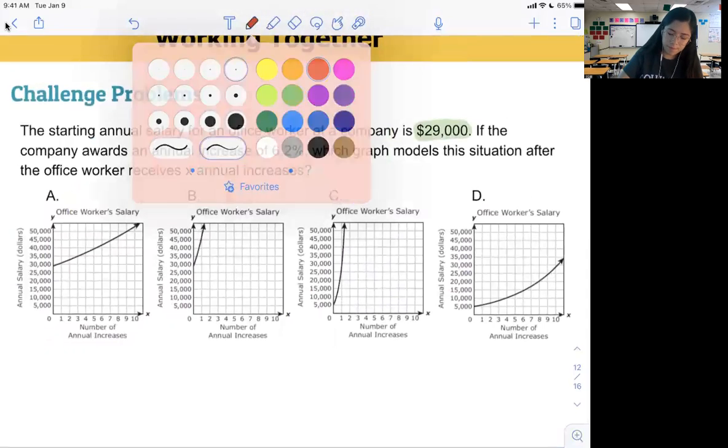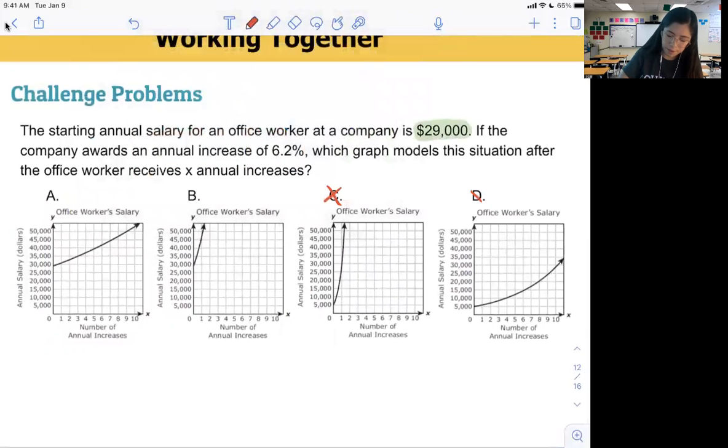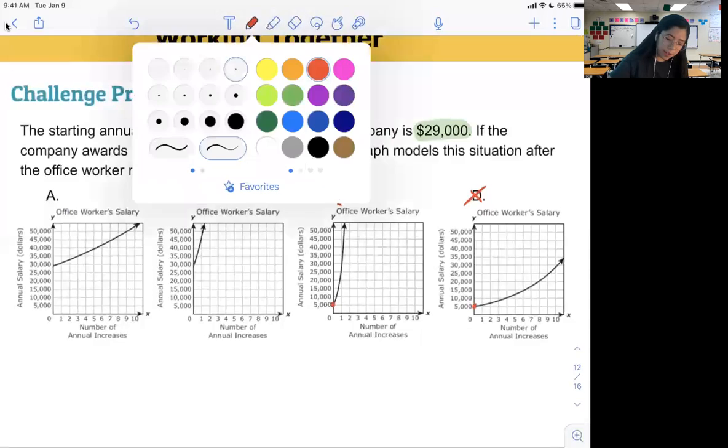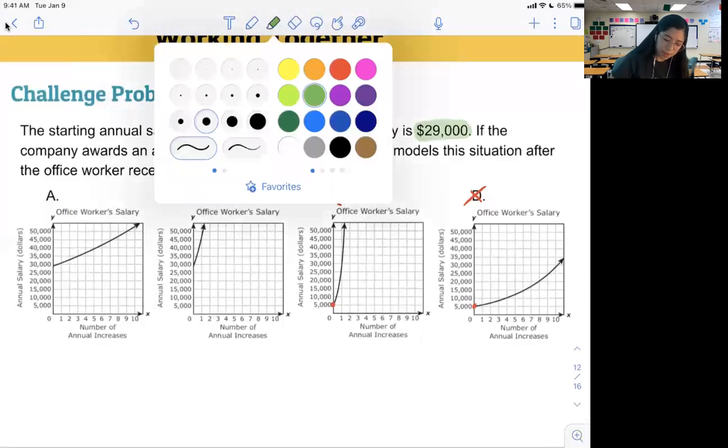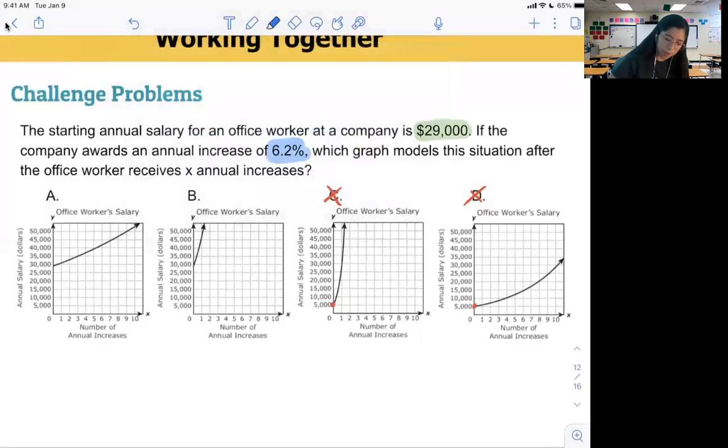Because they both start at 5,000. Good. Look at the y-intercept, okay? These don't start at the right place. And then my annual increase is 6.2%. So this is where we have to be a little careful. If I write this as a function, just like we did in the previous problems, 6.2%, what is that as a decimal? 0.062.